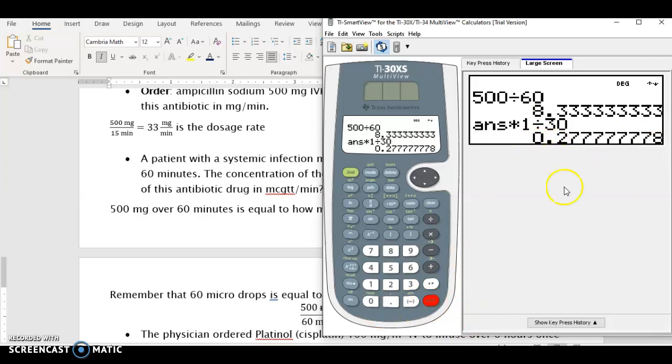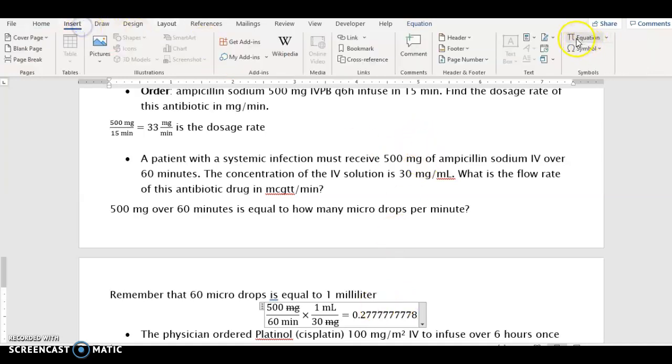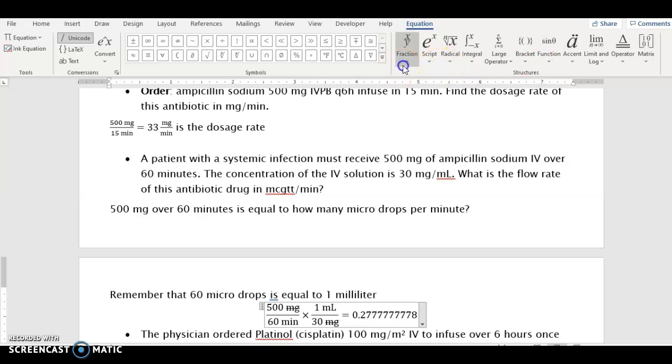We get that funky decimal number, 0.27778, so 0.2777 with the 7's repeating and an 8 at the end, milliliters per minute.